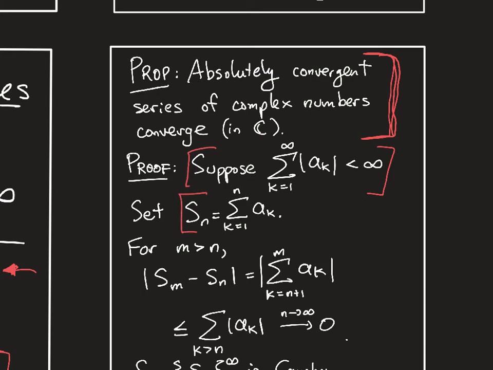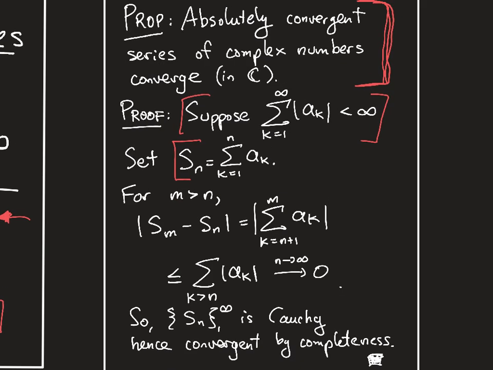Let's define S_n to be the partial sums. And we're going to show the partial sums converge, but we don't have that much to work with, so we have to use completeness of the complex numbers. So this can seem a little circular, but we're using the fact that the complex numbers are complete, and that's baked into how you build the real numbers.